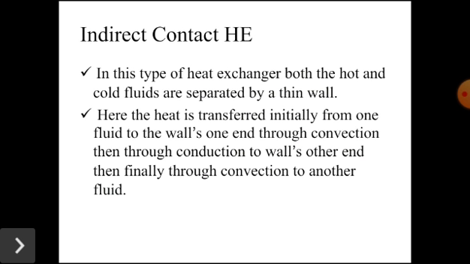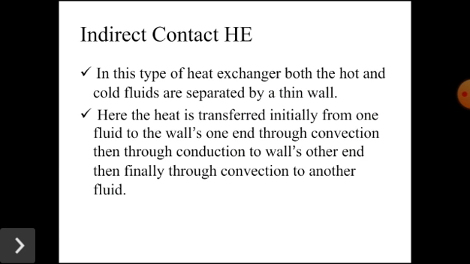Conduction refers to heat transfer within a particular material or state, for example a solid. The best example of conduction is heating of an iron rod. If we heat one end, heat will be transferred to the other end. It is one type of conduction.